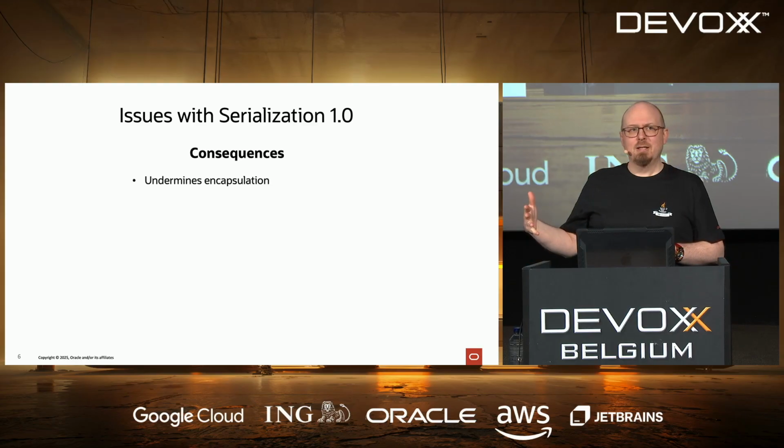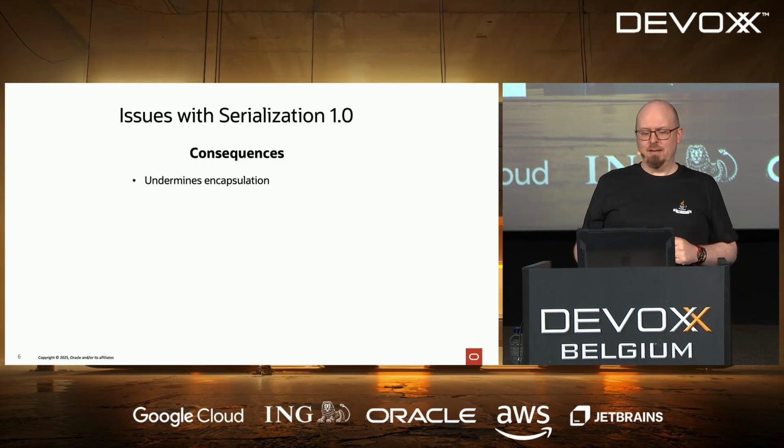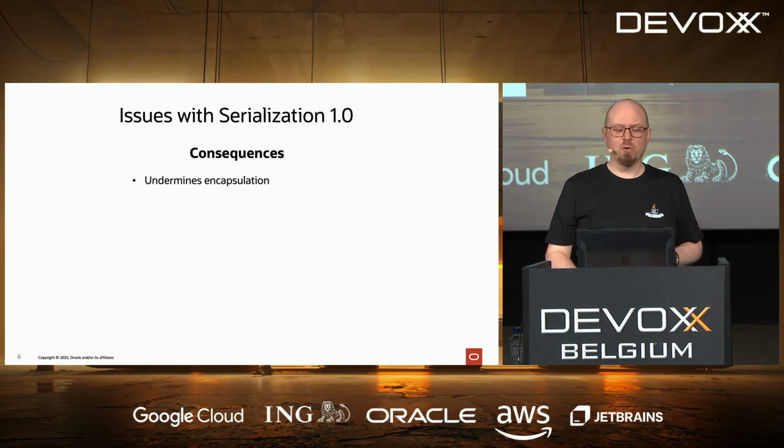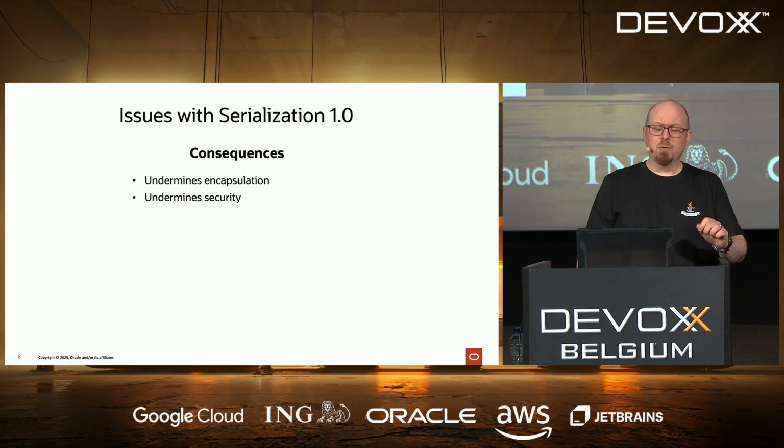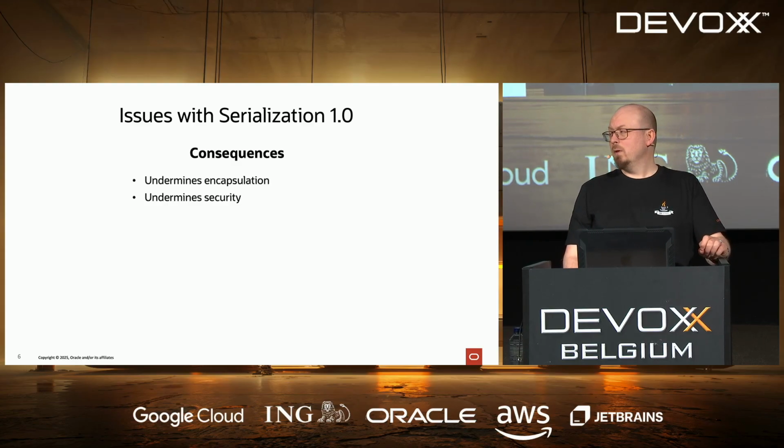So it passes by the encapsulation model that we're used to as Java developers. But that also undermines security, and I have a couple of slides on the security aspects because personally I think that's one of the most important aspects. So we'll dive deeper into that shortly.